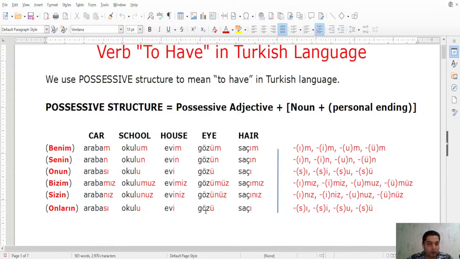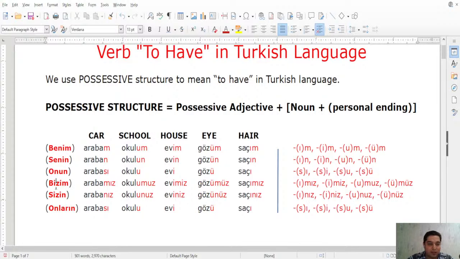Okay, so by now you should know how to construct possessive structure, okay? If you want to say, for example, his flower, how will you say? Onun çiçeği, right? Onun çiçeği, for example. Or if you want to say our mother, right? Bizim annemiz.